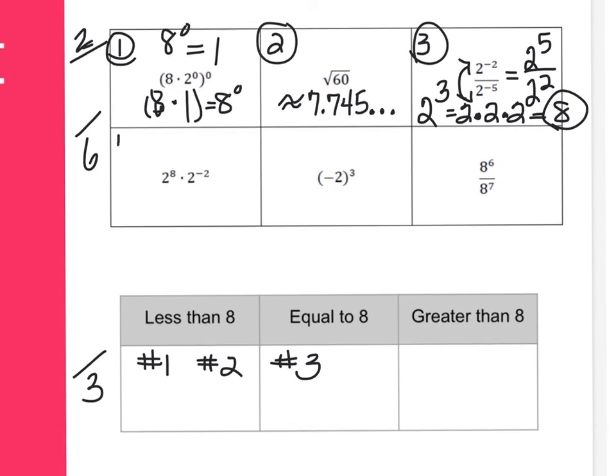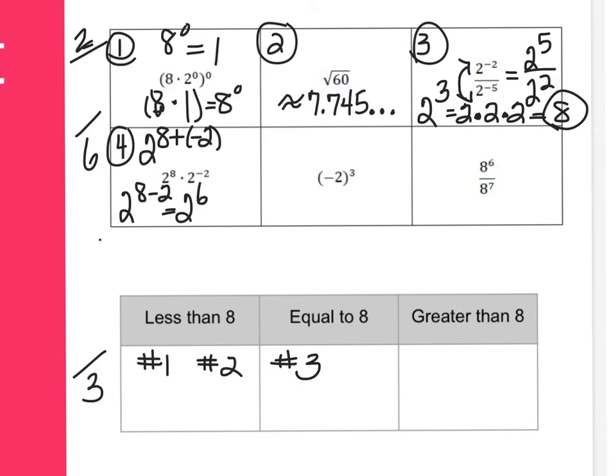All right, so let's try number 4 here in the second row. We're multiplying terms with like bases, so that means I'm going to add my exponents. 2 to the 8 plus negative 2, that's the same as 8 minus 2, which is 2 to the 6th power.